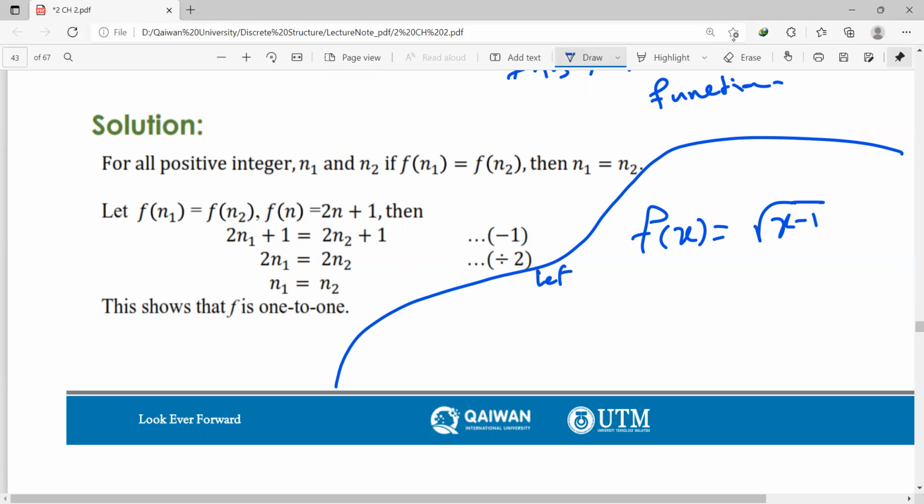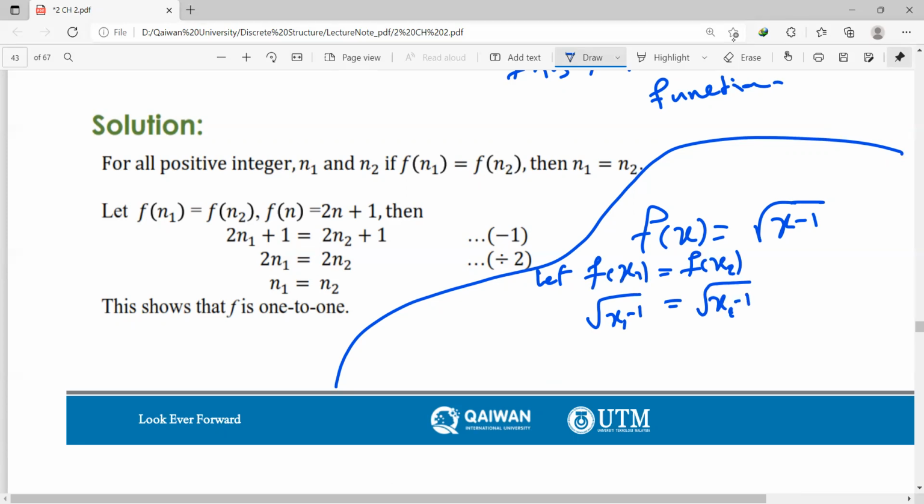Let f of x1 equal f of x2. We must show that x1 equals x2. What's f of x1? We just replace x by x1 in the function. We get square root of x1 minus 1 equals f of x2, we replace x by x2, square root of x2 minus 1.